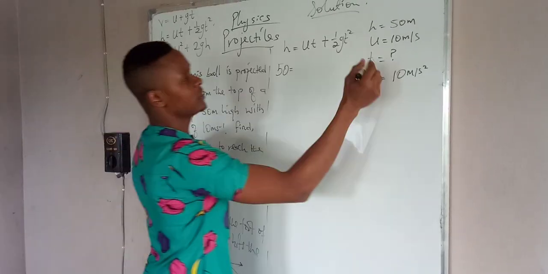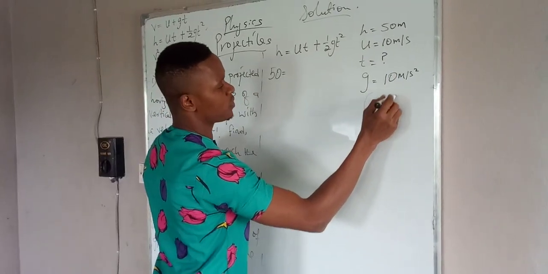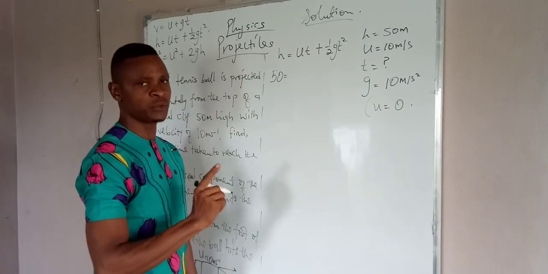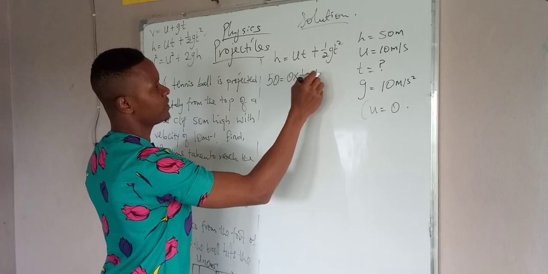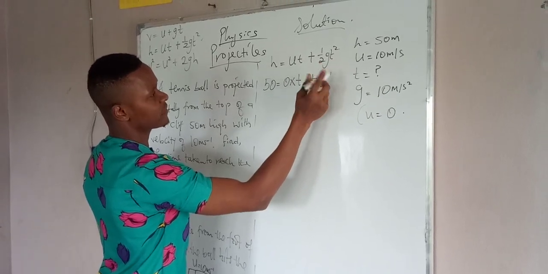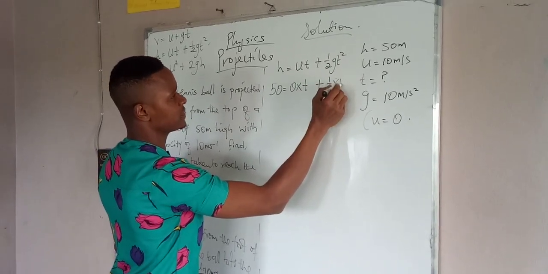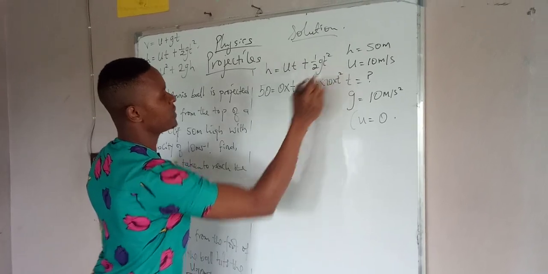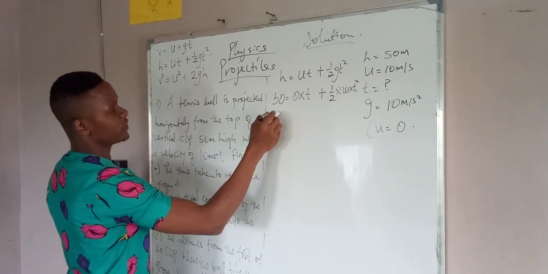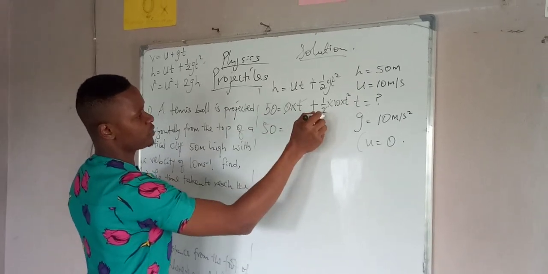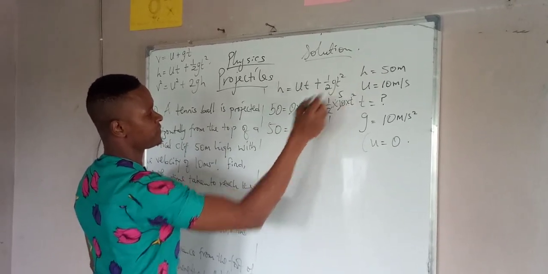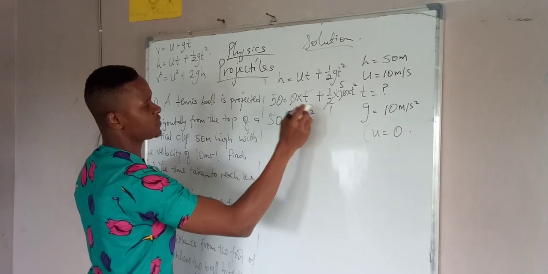So u here is equal to 0. Take note of that. So we have 0 times t plus half, our g is 10, times t squared. This gives us 50 equals, the 2 cancels, 2 into 10 is 5, 5t squared.